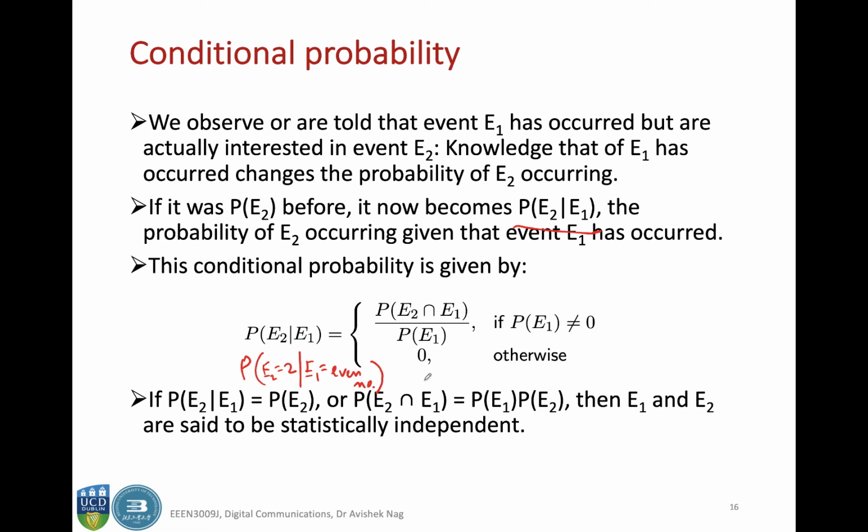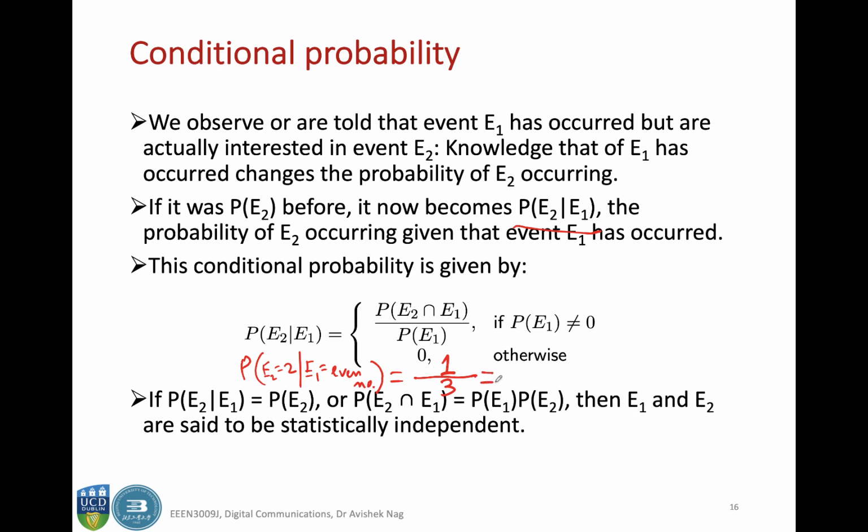So when you know that it's an even number, 3 outcomes are possible. And what will be the possibility of having a 2? So 1 out of these 3 will be 2. So that's the probability, 1 over 3.